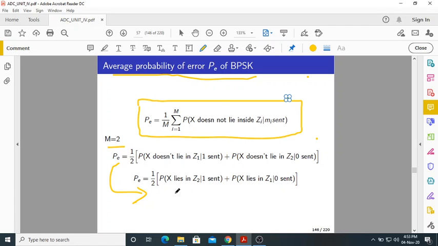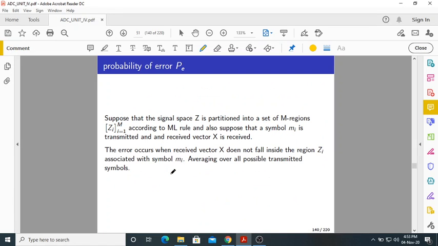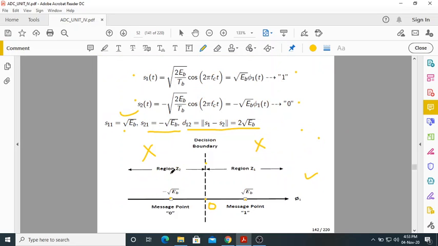Let me go back to the constellation diagram. If x does not lie inside Z1, it lies in Z2, because we have only two regions. Similarly, if x does not lie inside Z2, where does it lie? It lies in Z1, isn't it?